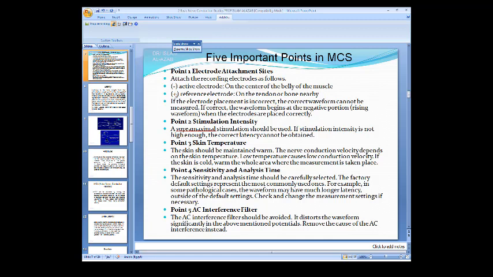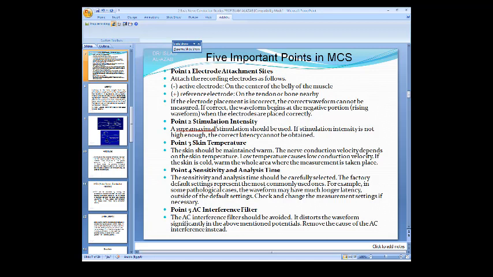The positive, which is called reference electrode, on the tendon or bone nearby. If the electrode placement is incorrect, the correct waveform can't be measured. If correct, the waveform begins at the negative portion, a rising waveform, when the electrodes are placed correctly.